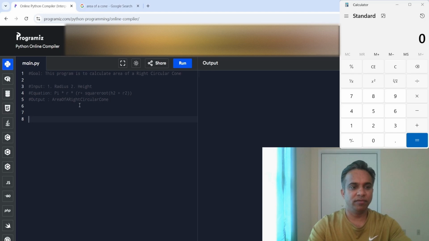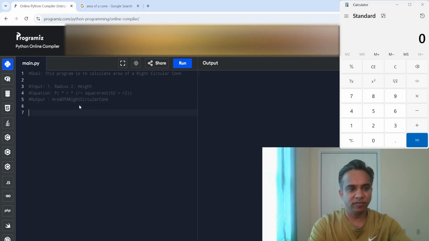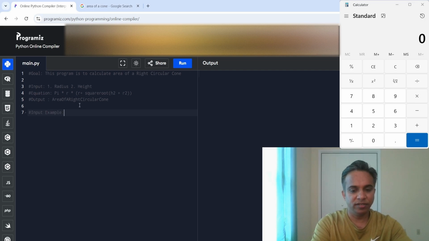Now in input example, the next step would be we provide a sample example.